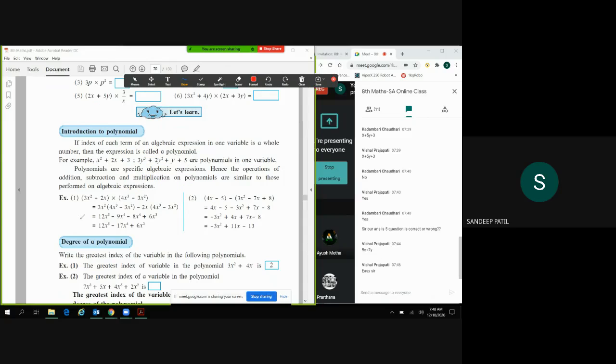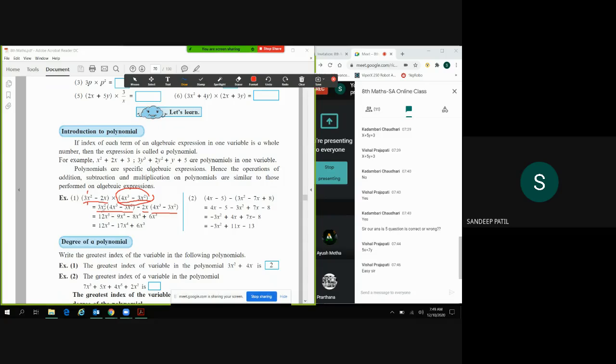So see this one: 3x square minus 2x, times 4x cube minus 3x square. Already we have seen how to carry out the multiplication. We take the first term and multiply it with the whole second bracket. यहाँ से फर्स्ट जो टर्म है उसको लेके हम पूरे ब्रैकेट को मल्टीप्लाई करते हैं यहाँ. सिमिलर वे यहाँ -2x जो सेकेंड टर्म है उससे हमने पूरे सेकेंड ब्रैकेट को मल्टीप्लाई किया.